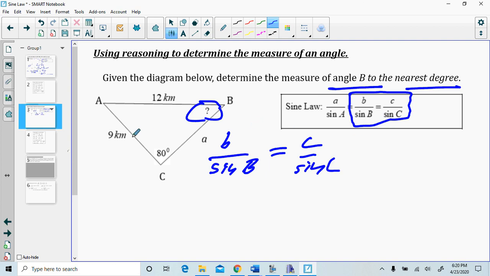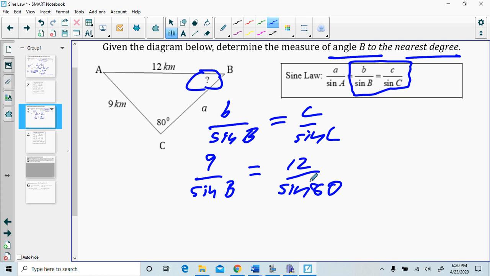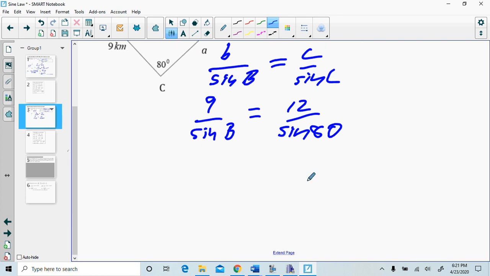Sub in what we know. Side length B is 9 over what we don't know, sine B. B is the angle we're looking for. C, side length, is 12. C angle is 80, so sine of 80. Again, we're going to do that similar step that we saw previous, where we isolate for our variable or our unknown.